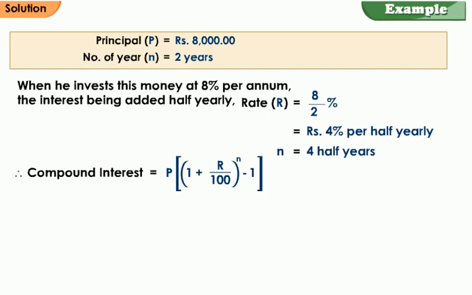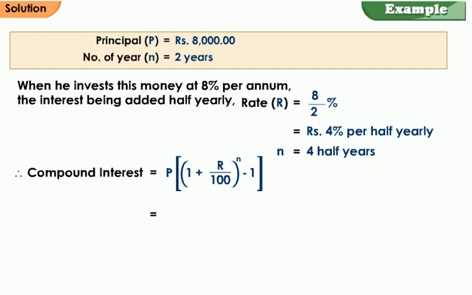Now let us substitute the given values in this relation. So we write rupees 8,000 into (1 plus 4 divided by 100) whole to the power 4 minus 1.